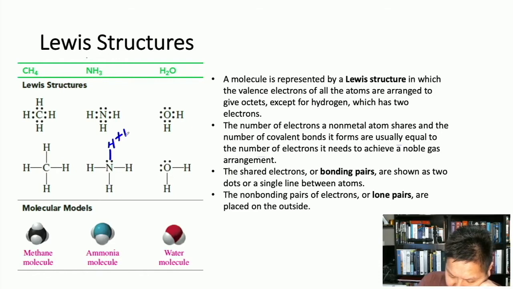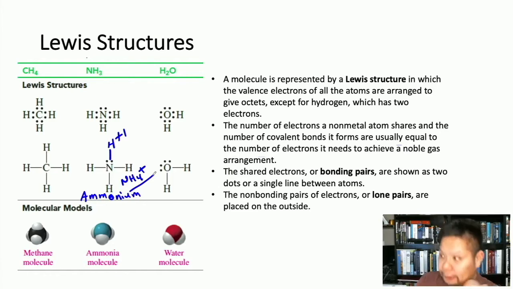But now it's become ammonium after I added that extra hydrogen, right? And so now its formula is NH4+. Should be very familiar to you, because this is the ammonium ion that was on the polyatomic ions list, right?